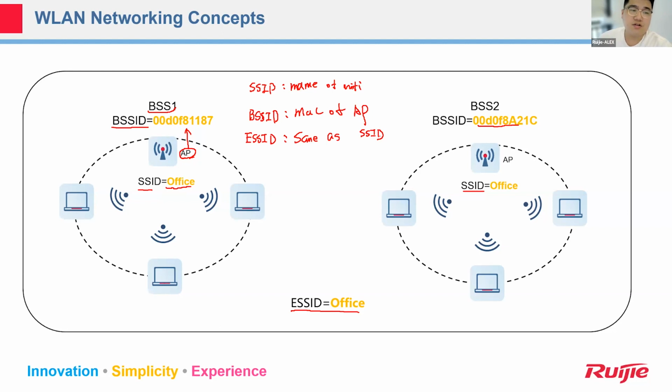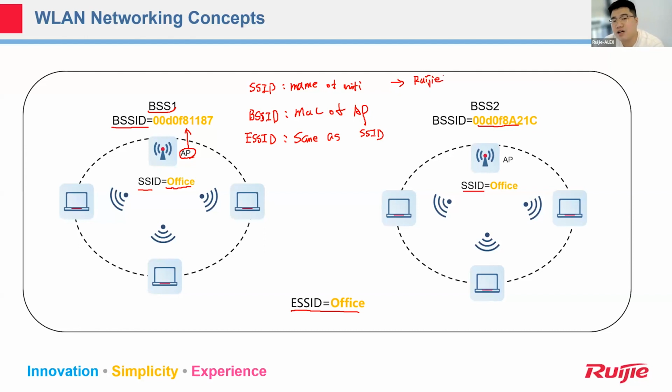And of course, for the SSID, you should know how to configure it by using commands. Later we will see the command to configure it. If you think it's a little difficult to understand, we can have an example: you can think that the SSID is the name of a company. For example, it's Ruijie, right?